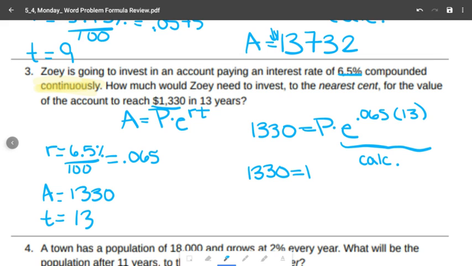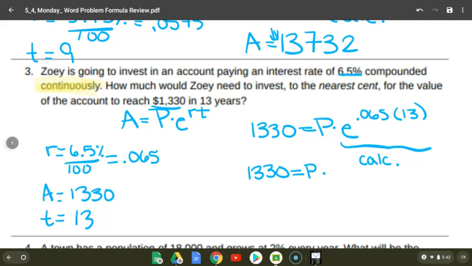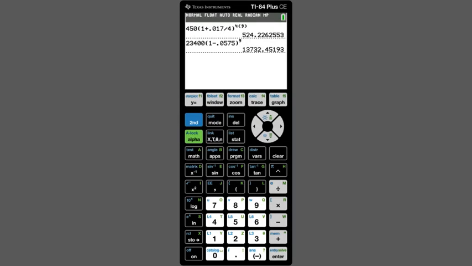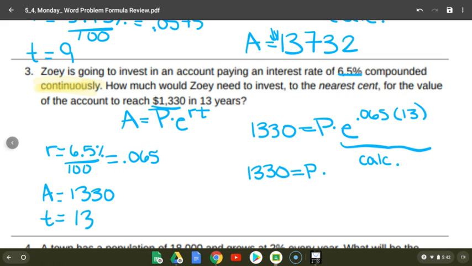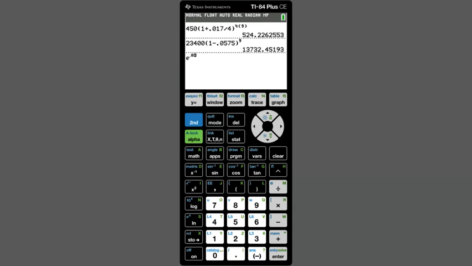So we'll have 1330 equals P times whatever we get on our calculator. So E, remember, that's the second blue button, and then ln, third button up on the left. There's your E with the power, and it's 0.065 times 13. Remember, you were using the entire decimal.